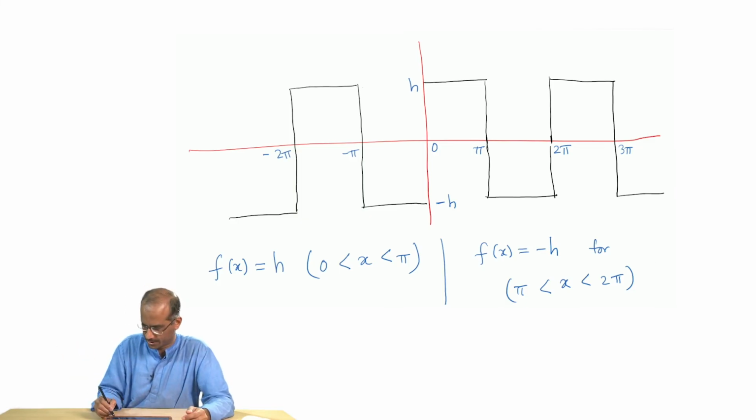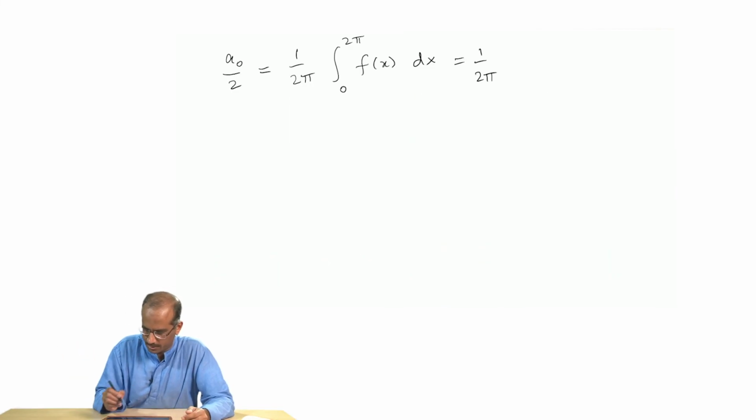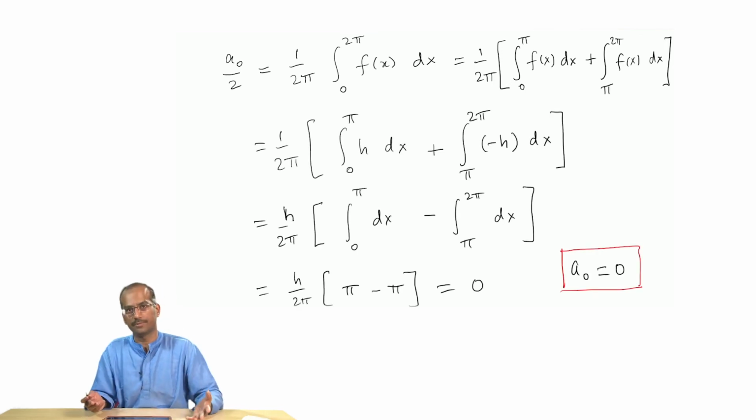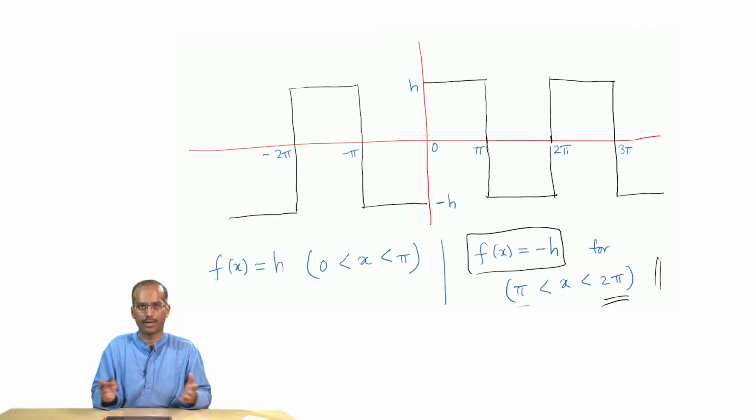You can see that here. So, I can rewrite this as 1 by 2 pi, integral 0 to pi f of x dx plus pi to 2 pi f of x dx.